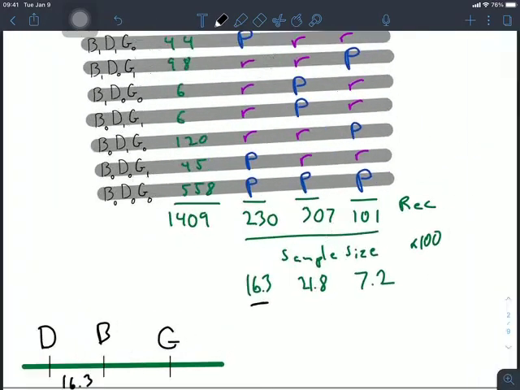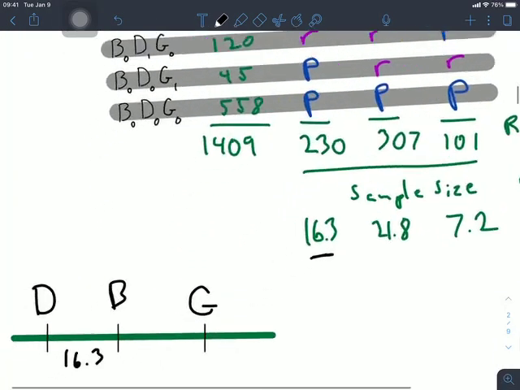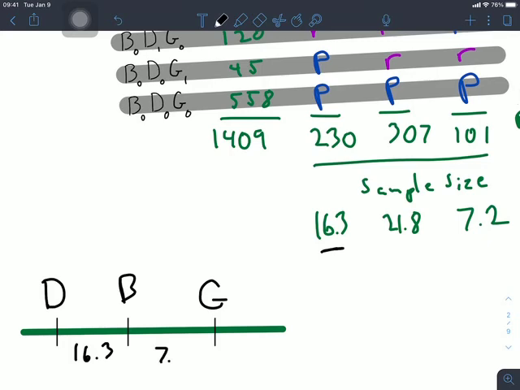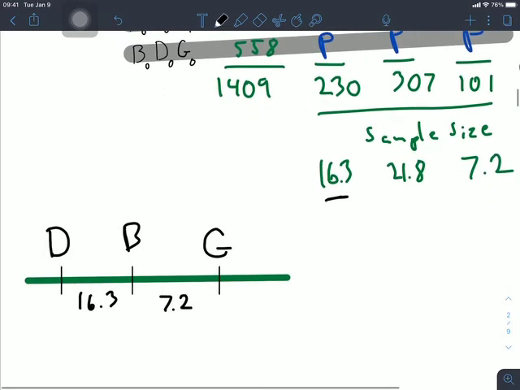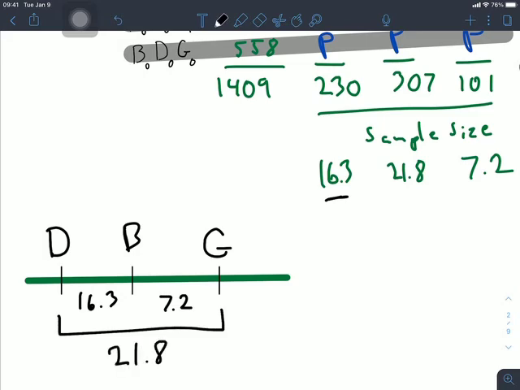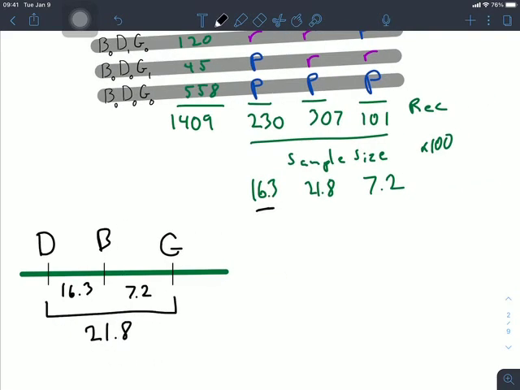And the distance between B and G is 7.2 map units, with the overall distance across these loci being 21.8. You'll notice, again, generally additive, but not quite perfect, right? Not quite exact.